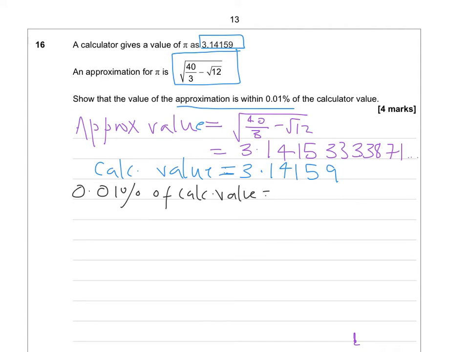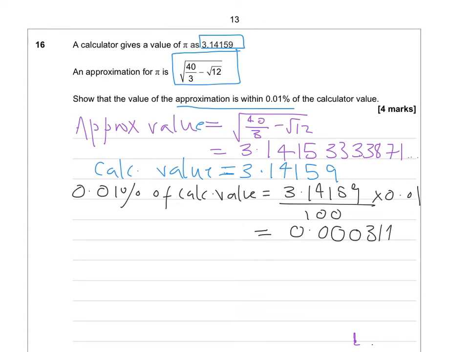To do that, we can take 3.14159, the calculator value, divide it by 100 and multiply by 0.01. This gives us a value of 0.000314159. Now, we then need to subtract this from that calculator value.